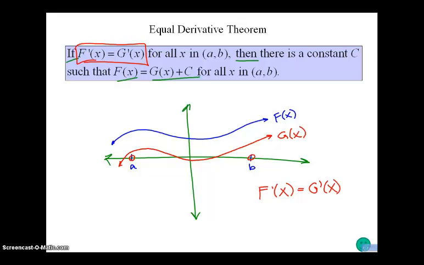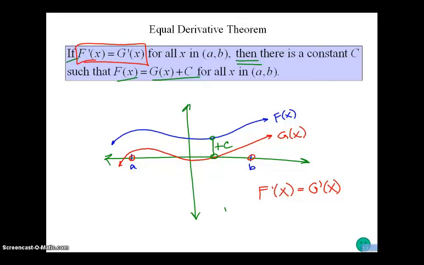There visually is what we're talking about. The then part of the statement, what we get here, is it says that there is some constant c so that the outputs on f are the outputs on g plus c.